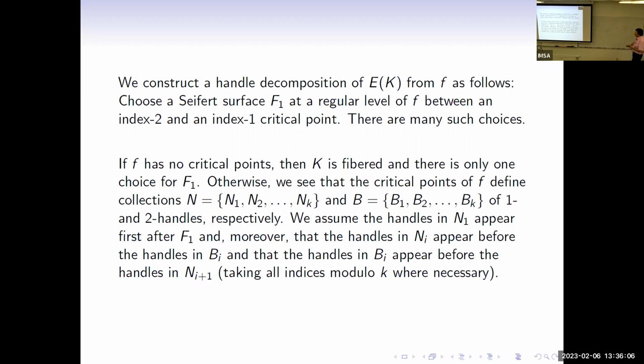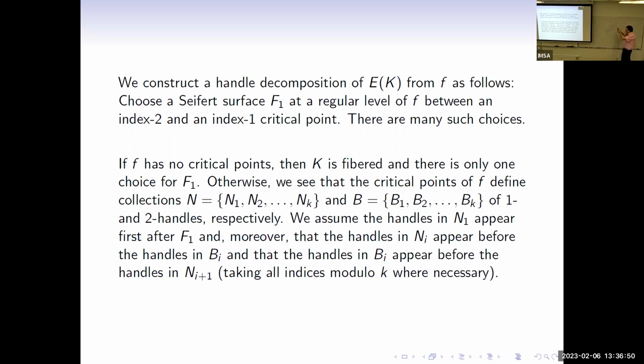And then if we take all the critical points, we can see a collection of 1-handles that we are... I don't recognize the number now. And then for a point of index 2, we can see like adding 2-handles.